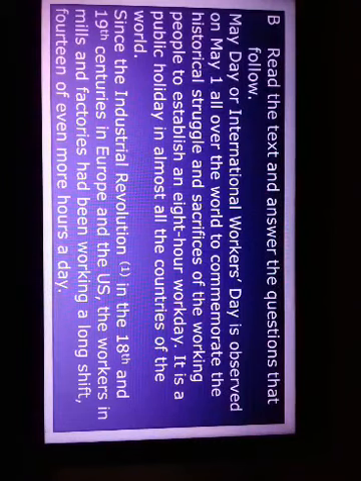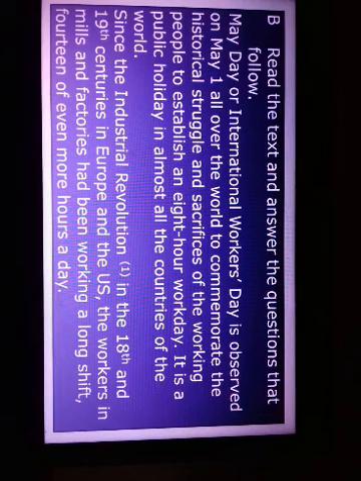We say establish means set up an 8-hour working day, when during the day the workers work. It is a public holiday on this day. Most of the shops, stores, or academic institutions, schools, colleges, universities, everything remain closed in almost all the countries of the world.